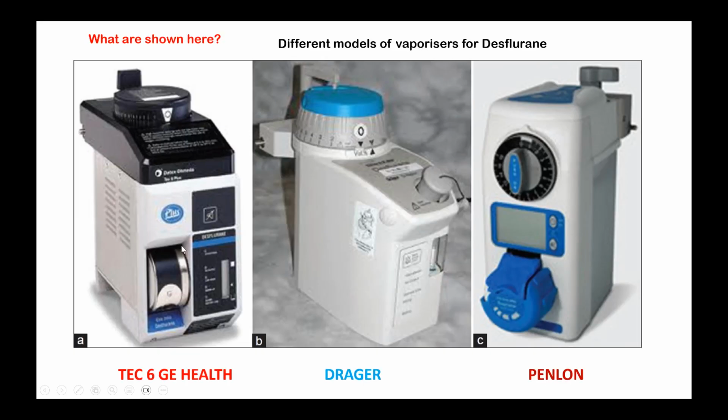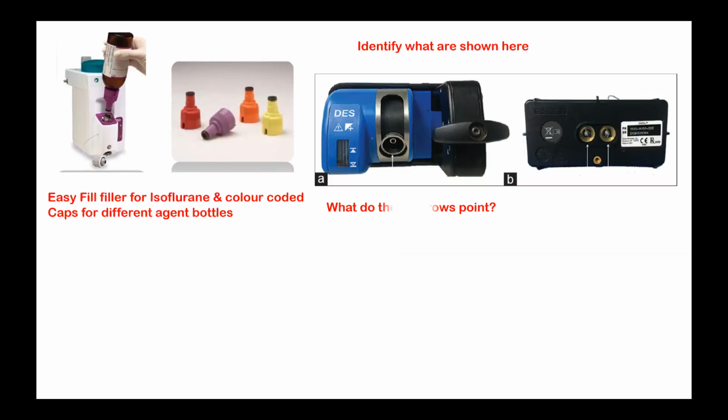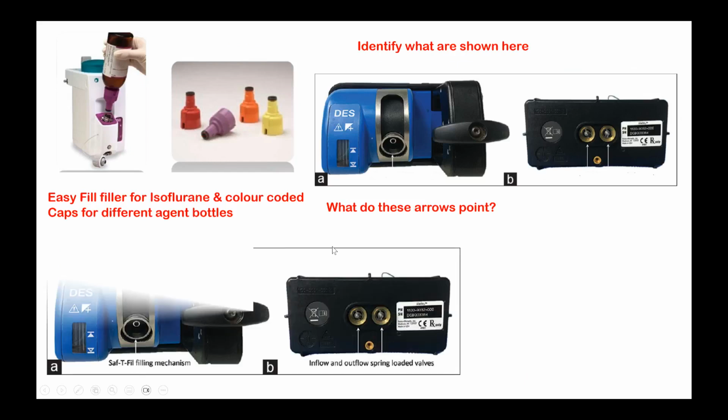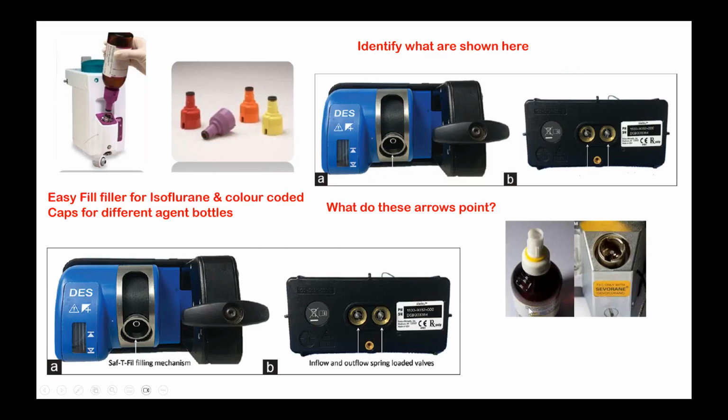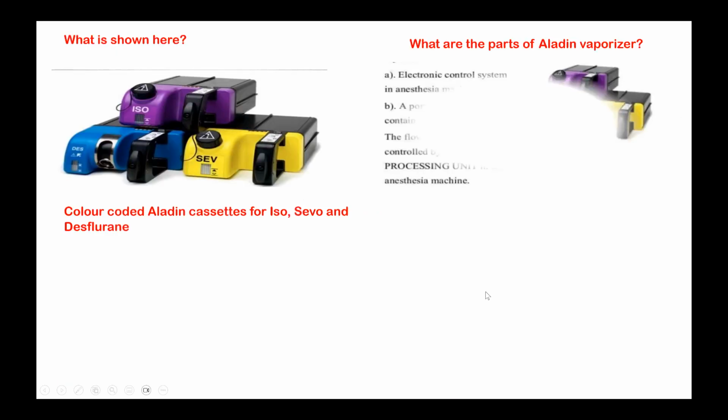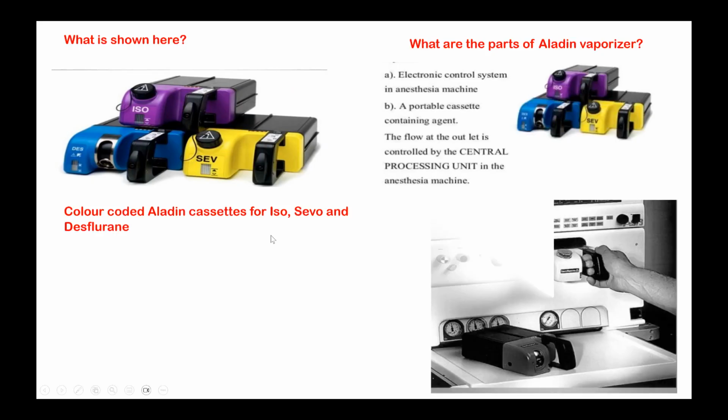So different models of the same vaporizer, desflurane by different companies. One is by GE Healthcare, this is by Drager and Penlon, and these are the easy fill methods of description. And this is the Aladdin cassette vaporizer parts. And this is the easy fill for sevoflurane. And again, color coded Aladdin cassettes for ISO, sevo, and desflurane.